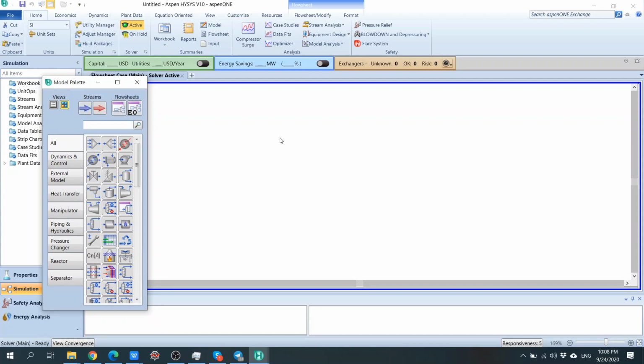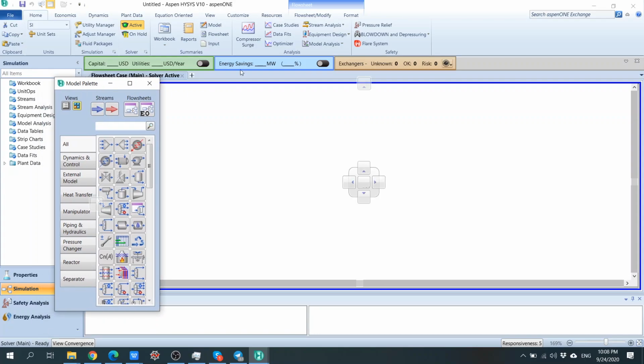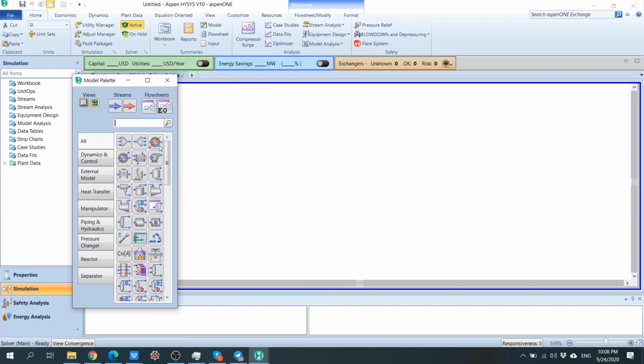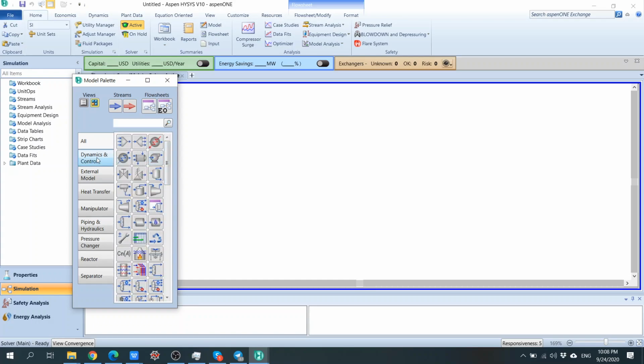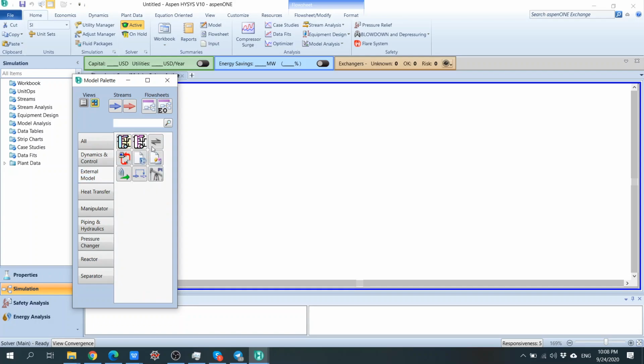So how do we do this? This is what we call the model palette. In this model palette, they have everything, so it will show you all and you will get overwhelmed. Dynamics and controls is about dynamics and control only. External model is where HYSYS can talk to, like this wellhead, this virtual stream.